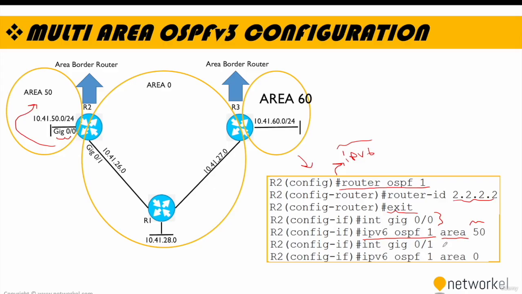And for gig 0/1, I am doing the same thing: ipv6 ospf, the process number, followed with the area keyword and the area that interface belongs to, which is 0 for this example.